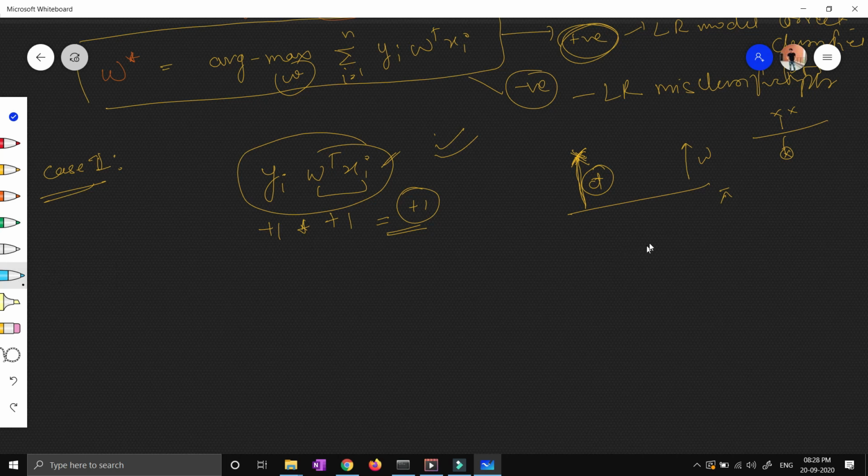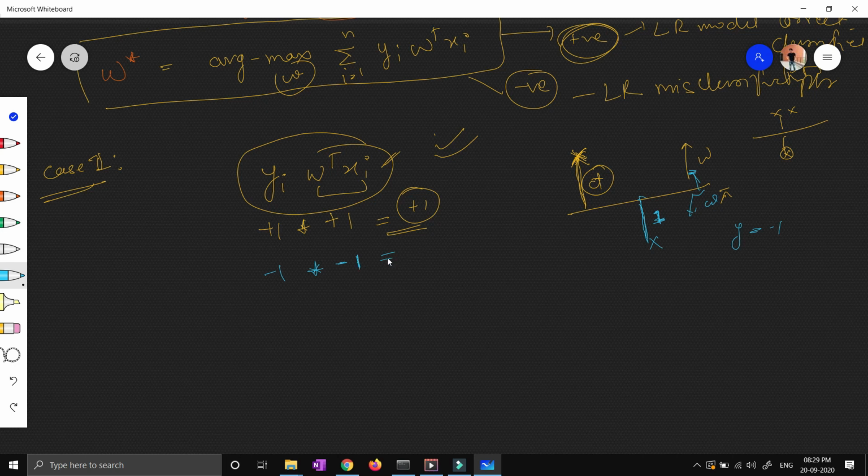Let me take another example. Here this is my negative point, so the value of y is -1, multiplied by the distance d. Let's assume this distance is 1, but because it is in the opposite direction of W, we will add a minus, so the distance becomes -1. This is the trick, just understand.